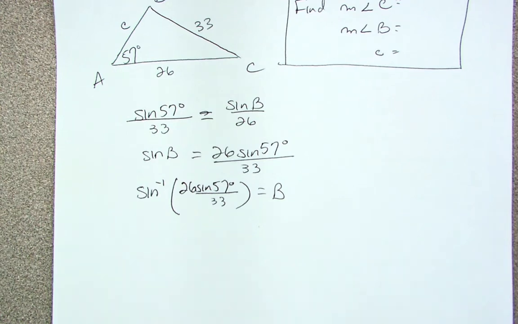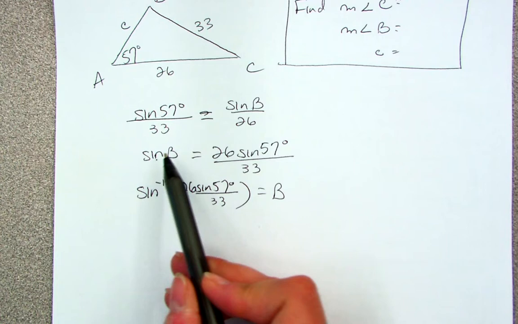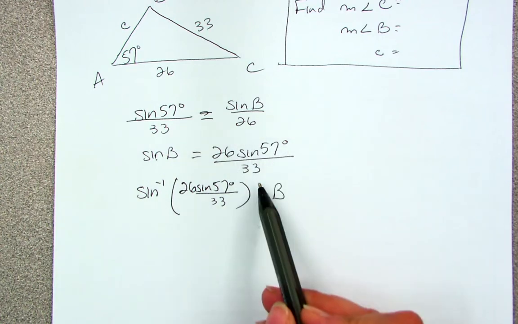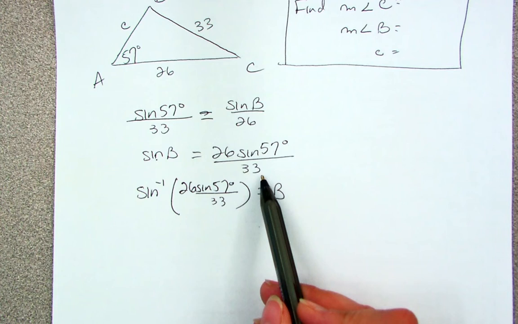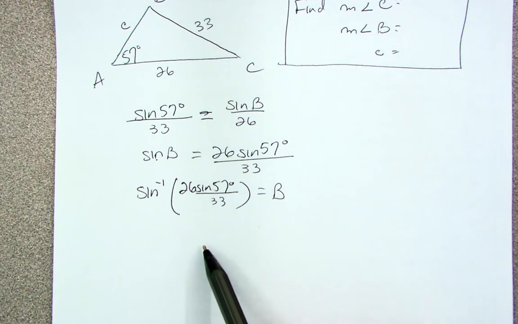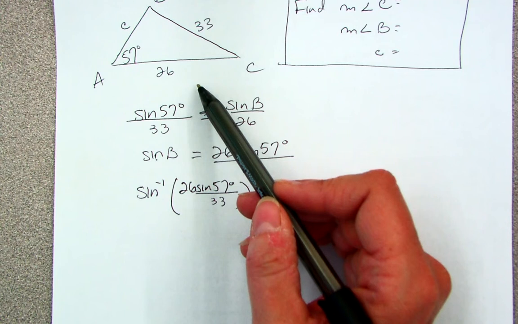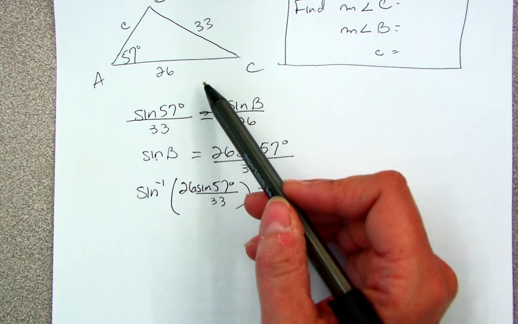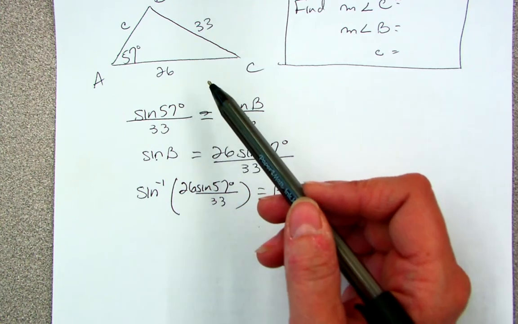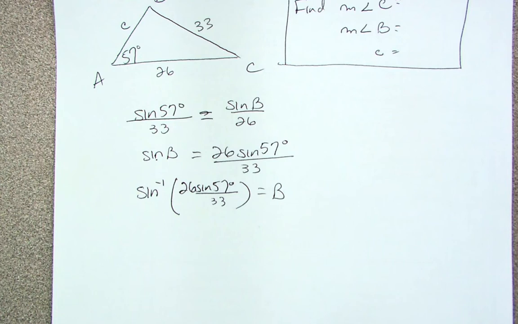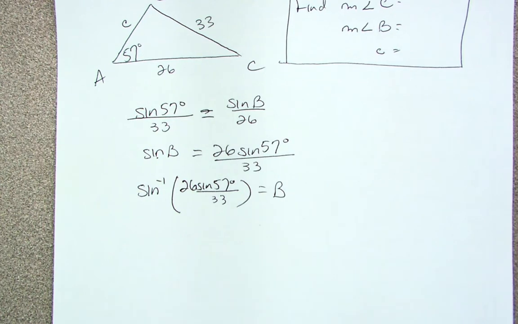Let me see here. Sine is positive, so it's going to be in quadrant 1. So my answer needs to be quadrant 1, positive. Well, no, duh. I'm in a triangle. Everything's got to be positive. There's nothing negative in my oblique triangle, so my answer needs to be positive. Oh, okay. So let's pick up my handy-dandy calculator. Am I in radians now or still degrees?